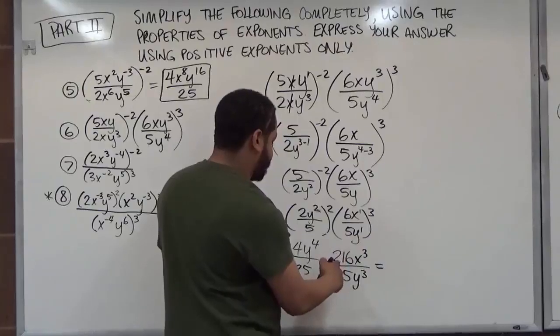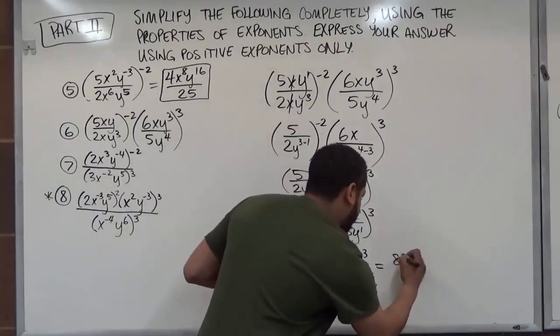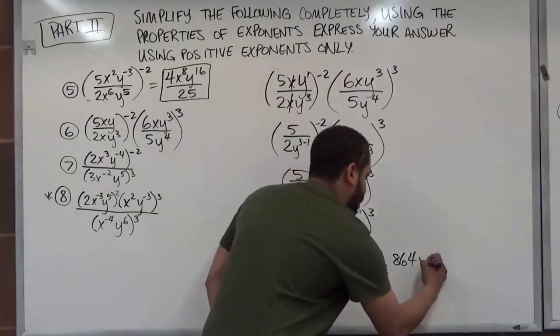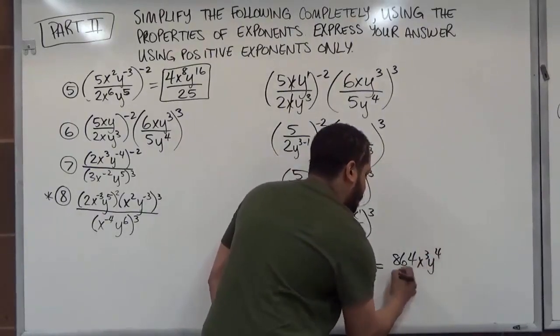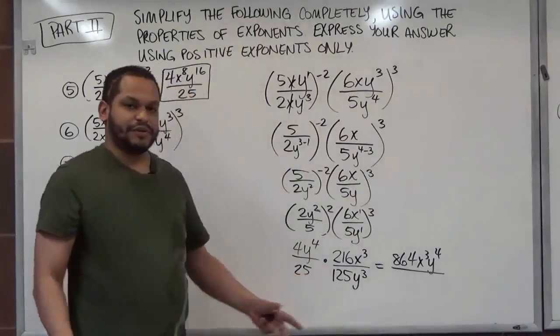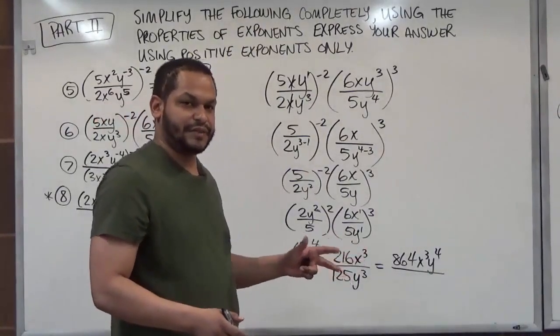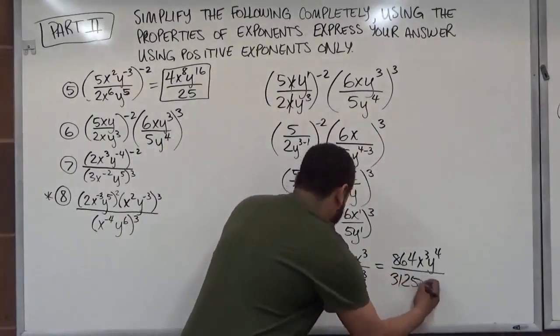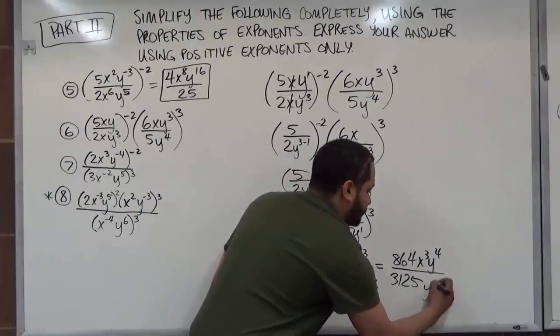That's going to be 864. And we also have x cubed and y to the fourth. And we're dividing this by 25 times 125. Now 25 by 25 is 625. That by 5 is 3125. And this has y to the third power.